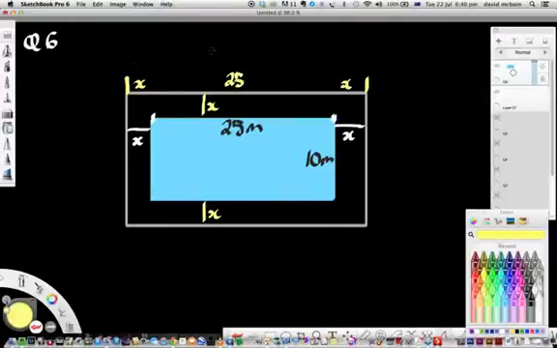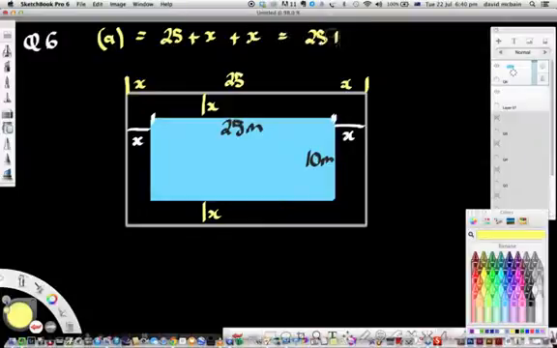So the length of the pool and the path, which is part A, is going to equal 25 plus x, which is 25 plus 2x. The expression for the width of the pool and the path, that's going to be x plus 10 plus x again, so that will be part B, which is the width of the pool and the path, will simply be 10 plus 2x.